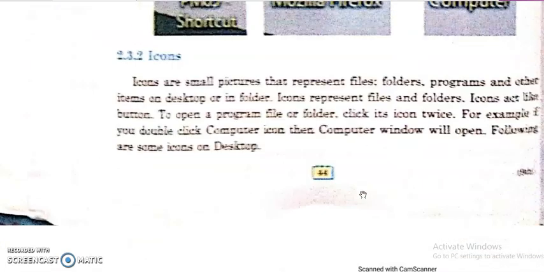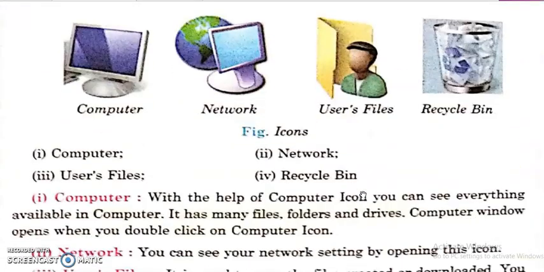Then the icons. Today we'll study these four important icons of a desktop. These four icons are Computer, Network, Users File, and Recycle Bin. These are the default icons on the desktop.